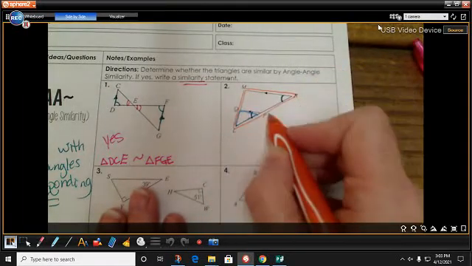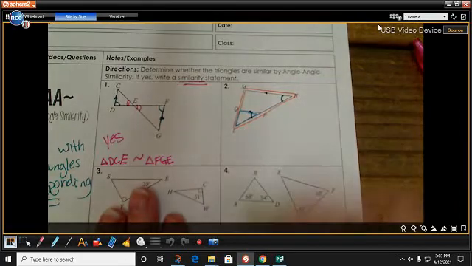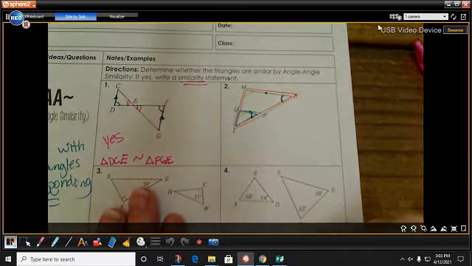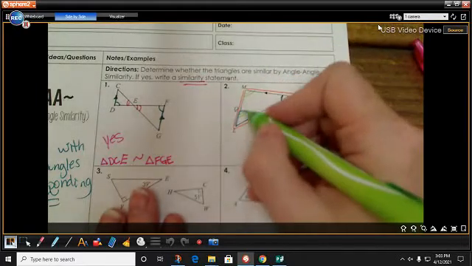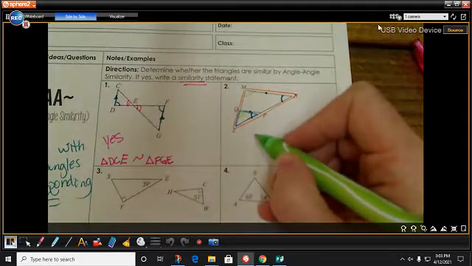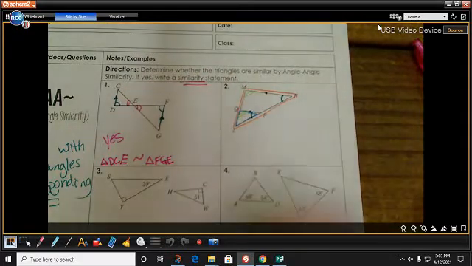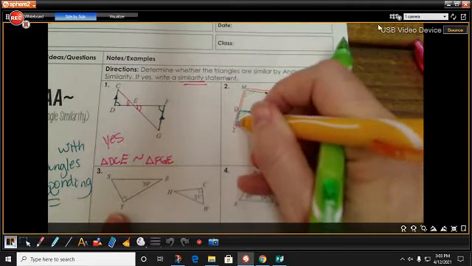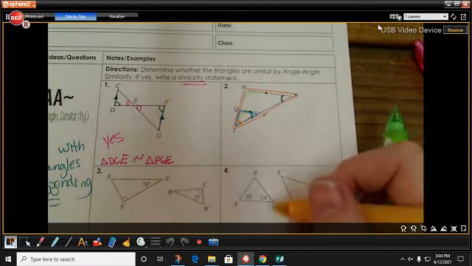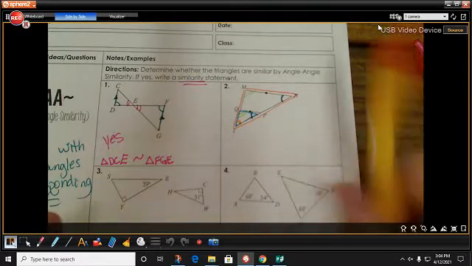Well, again, since these lines are parallel, I know that their corresponding angles will be congruent. So now I have another set of angles in my little and big triangles being congruent. Now, I also happen to know that this angle, angle L, is congruent to itself. And so I could use that as well, but I don't need it.